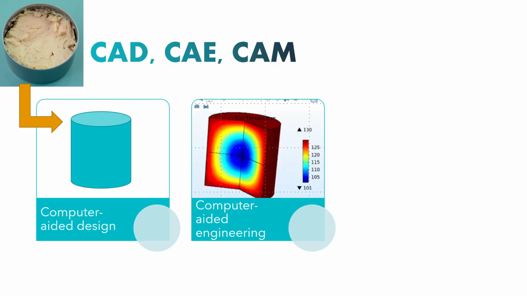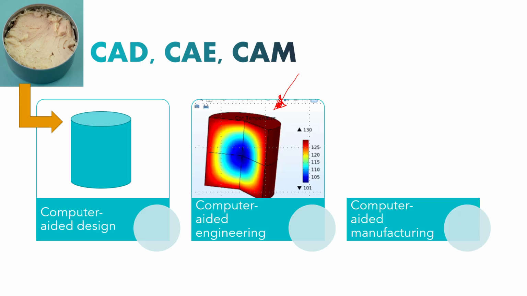Computer aided engineering, on the other hand, would talk about analysis of some physics involved. So in this case, let's say if we are canning, then it will be heat transfer, and then you can get this kind of a heat map of the temperatures inside the can. So that computer aided engineering includes the geometry, the CAD part, but it also has analysis.